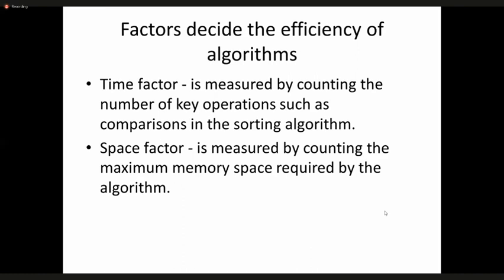Then the space factor: using the space factor, we measure by counting the maximum memory space required by the algorithm. These are the factors which will define the efficiency of the algorithm.